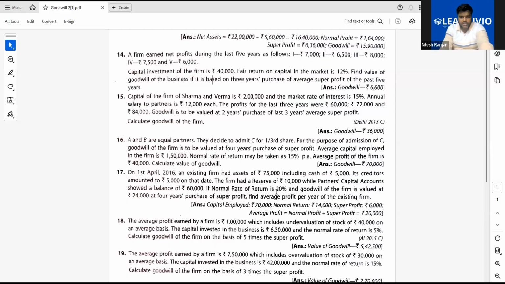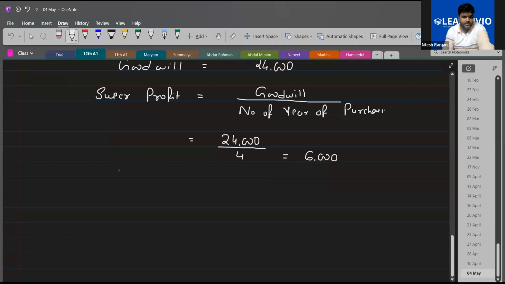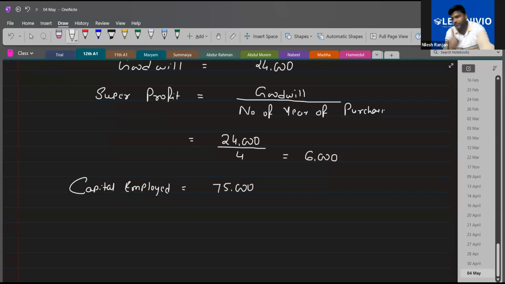After this, the normal rate of return is 20%. And first of all, let's calculate capital employed. Capital employed equals assets minus liabilities. Our asset is 75,000, including cash of 5,000. Now, if it is written including cash of 5,000, don't get confused because cash is always part of assets. So you don't have to do anything with that cash information.